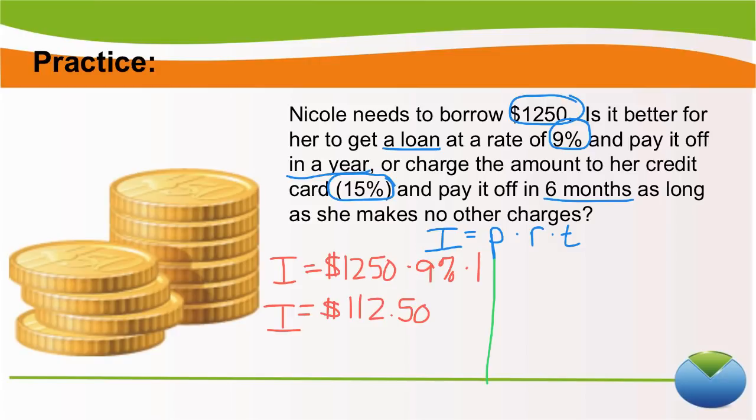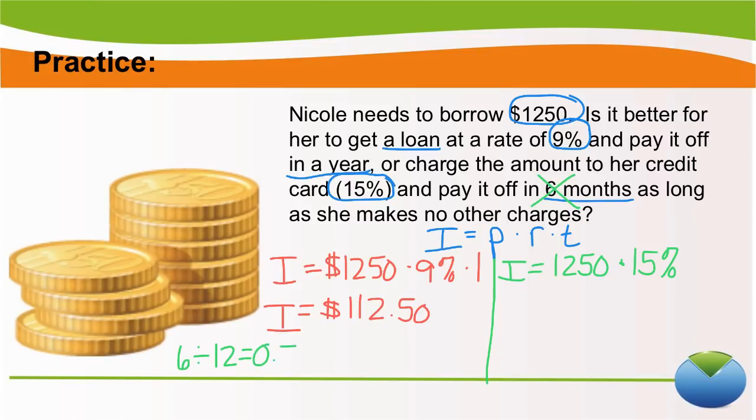Let's try the credit card. She still has to borrow $1,250. This time she's going to pay 15%, and you cannot use the 6. I need years, not months, so I'm going to take my 6 divided by 12 to figure out the part of the year.